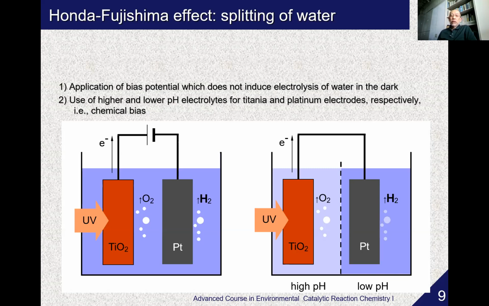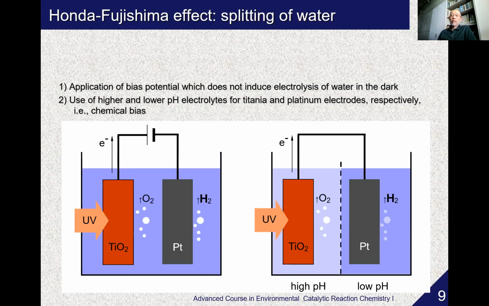And it is known that the difference of pH corresponds to a potential. So 14 pH corresponds to about 0.1 volt.